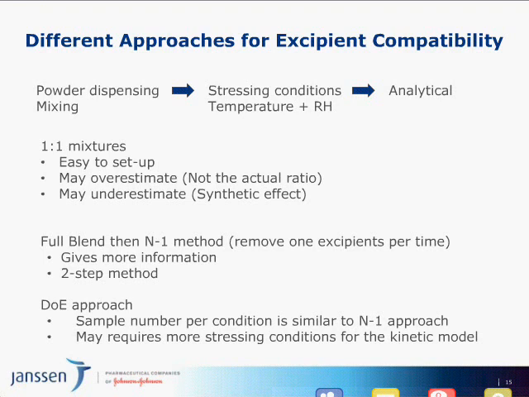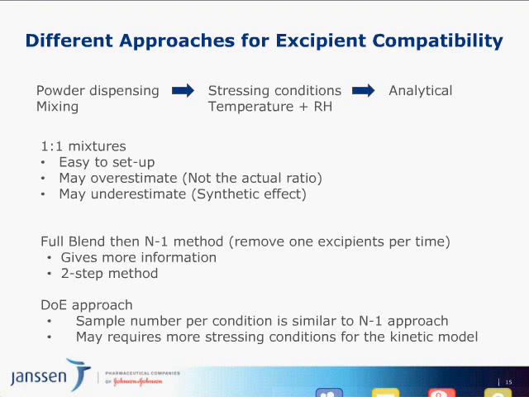So that's where the N-1 method can fit in. In this approach, first you get your full blend ready, and then put it into the stressing conditions and to the analytical equipment. If they're compatible, okay, you are lucky. If they are not compatible, you take out one excipient at a time, so you are preserving most of the combinations, and then we try to figure out which excipient is playing a more important role.